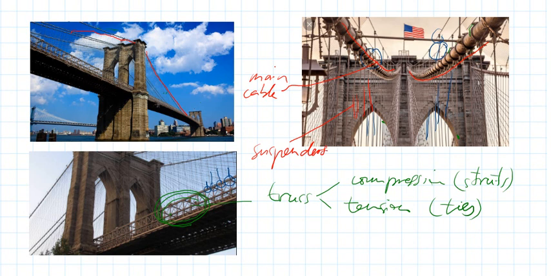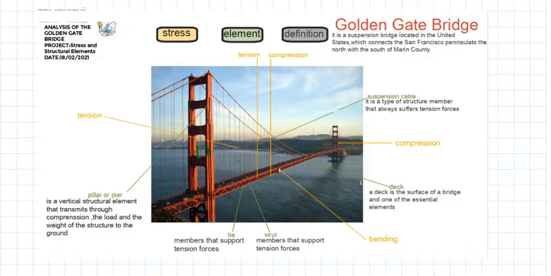It works for all suspension bridges like this, or for example, also this bridge, the Golden Gate Bridge, is also a suspension bridge. Here it is explained that this is a suspension bridge located in the States, in San Francisco. So you see here, this is the main cable, and here you have the suspenders.